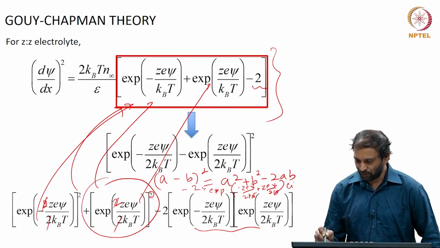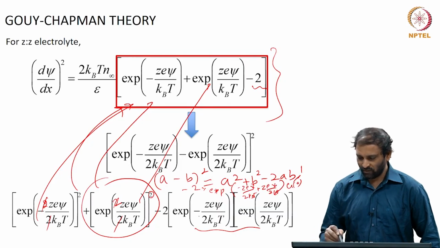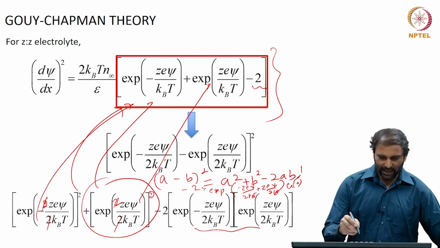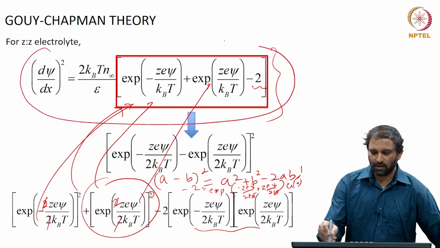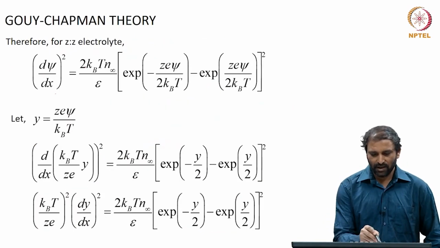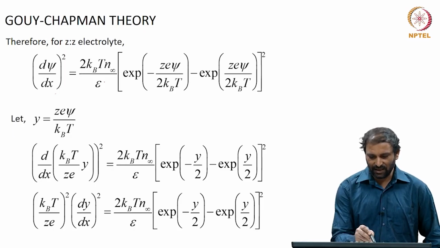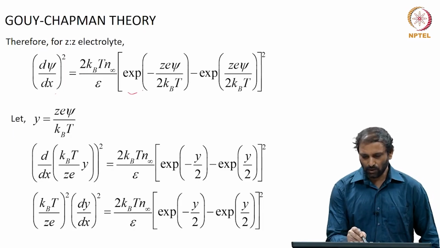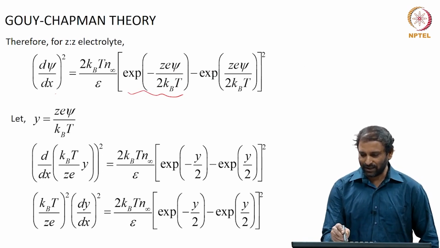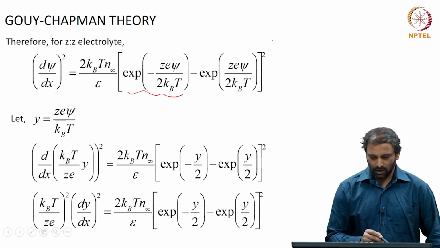Essentially it is exponent of 0, which is 1. Therefore, I recover the minus 2. So I can express this as (dψ/dx)² is 2kBT n∞ divided by ε into exponent of minus Zeψ by 2kBT minus exponent of Zeψ divided by 2kBT, whole square.